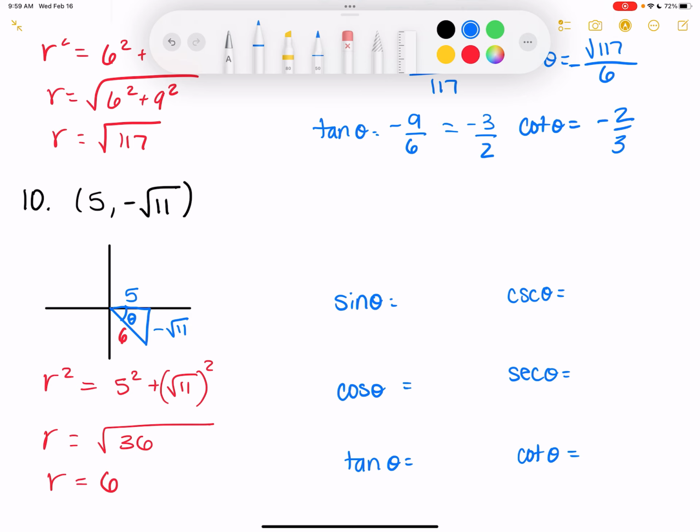Okay. Sine is negative square root 11 over 6. Then cosine is 5 over 6. Tangent is negative square root of 11 over 5.